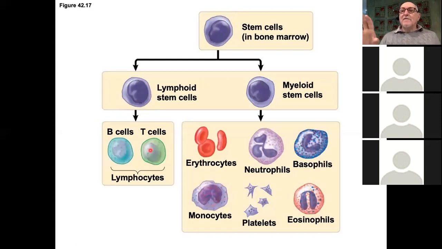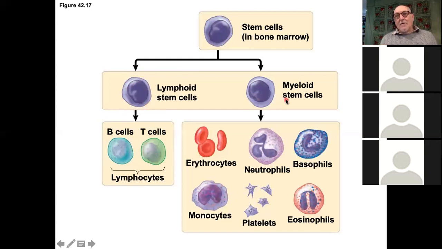The function of the lymphocytes we will discuss when we talk about the immune system. Two groups of lymphocytes, the B and T cells, are responsible for producing antibody and various other specialized functions of the immune system. So that's the lymphoid line, and that is involved solely with immune function.